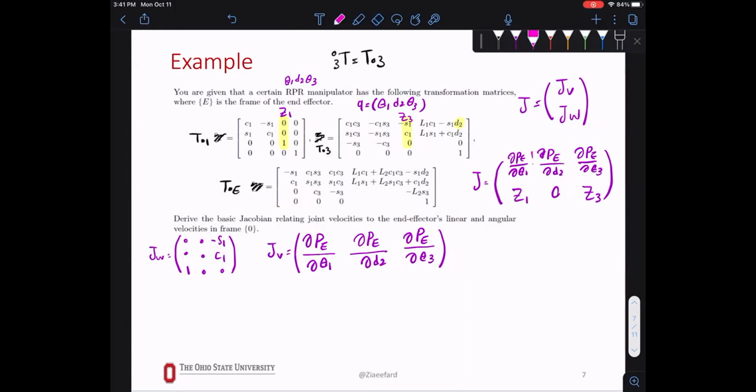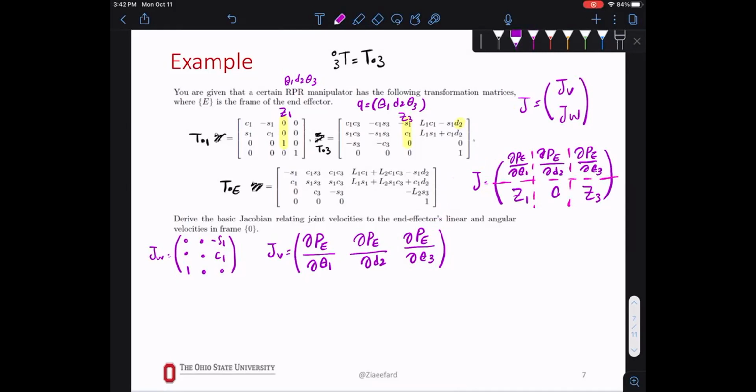I'm going to divide this so you can see what's happening here. This is 3 by 3, the lower part. The top part is also going to be 3 by 3. Now I brought the top part down here so we can calculate it separately.